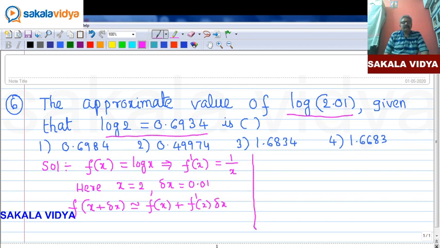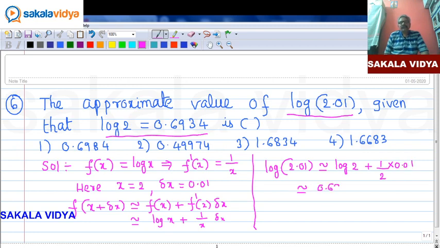So now this log of 2.01 is approximately equal to f of x, which is log x, plus 1 by x into delta x: log 2 plus 1 by 2 into delta x, which is 0.01. Log 2 is given as 0.6934 plus half of this one.